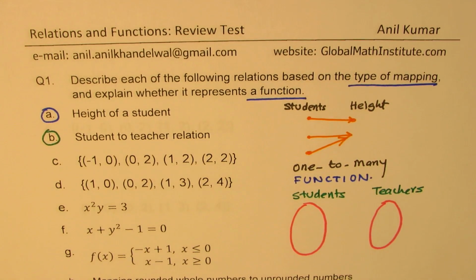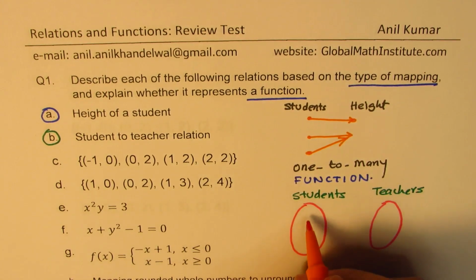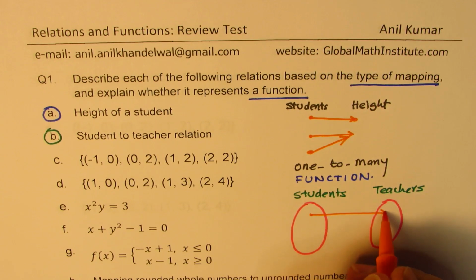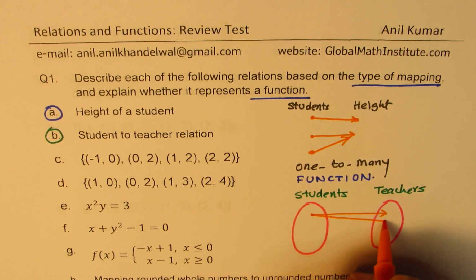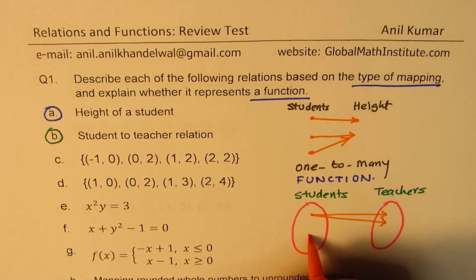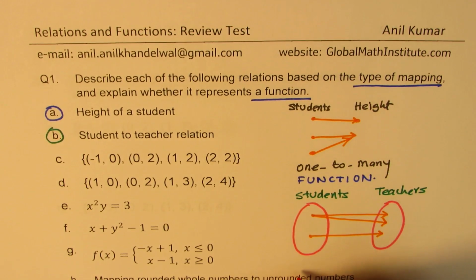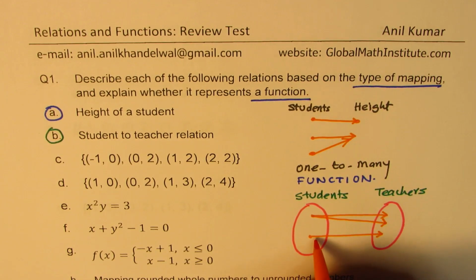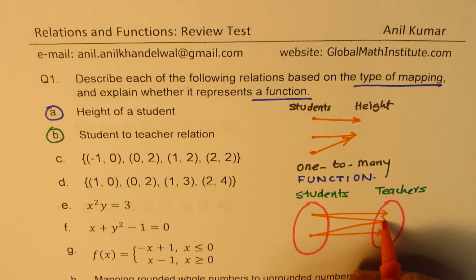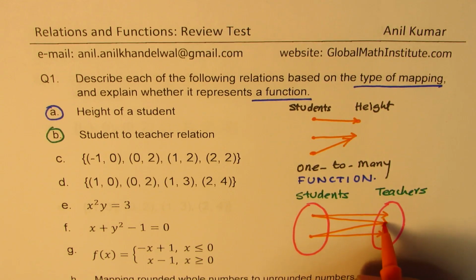Now, a student can be related with many teachers, since a student may be taking physics, chemistry, maths, something like this, right? Now, a teacher can be related with many students, right? So let's say a maths teacher will have many students in the class. So the relation is kind of like that.